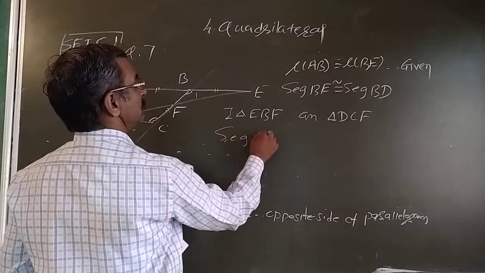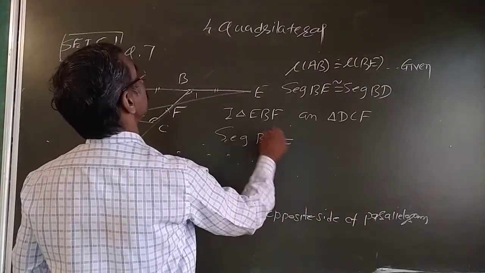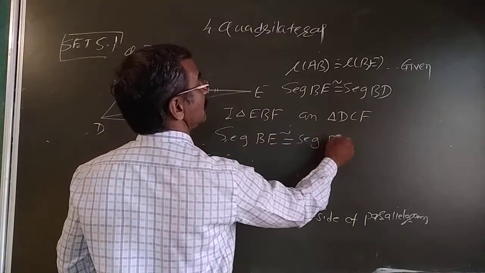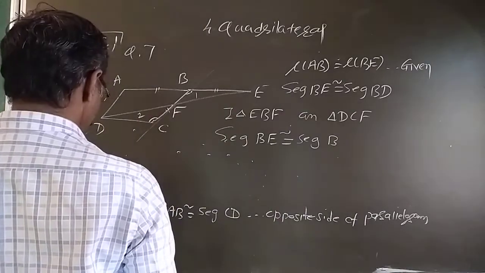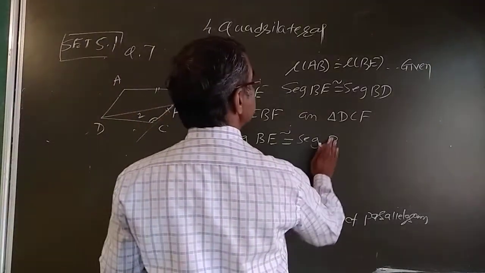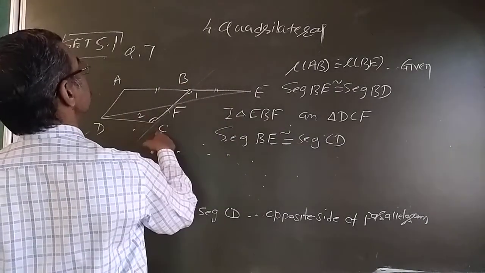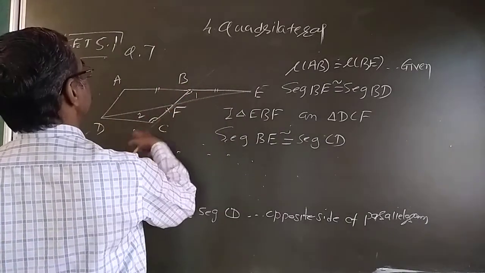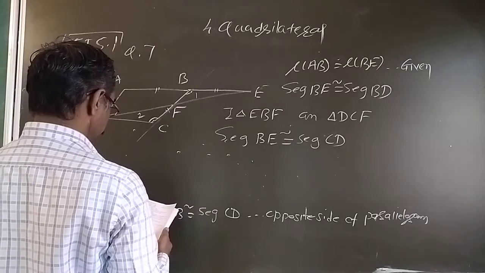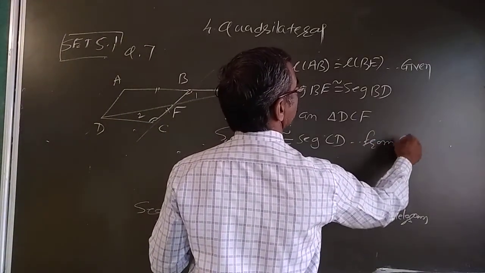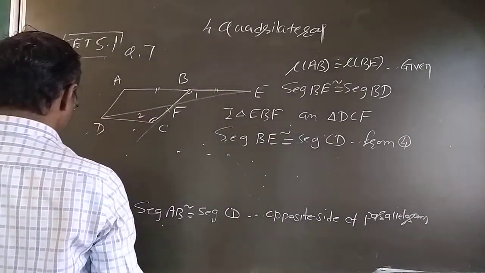Therefore, what we know is that AB is congruent with BC. BE is congruent with CD. That is given, or from the upper equation number 4.